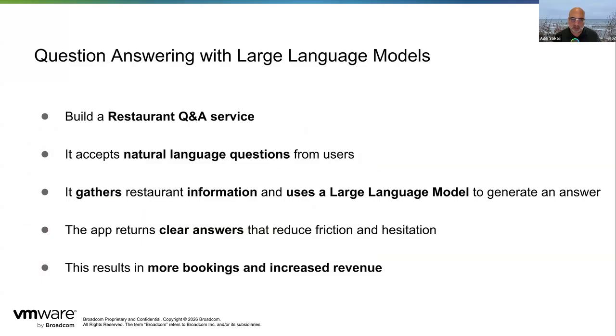This is where we can start introducing Gen AI. Maybe we build a restaurant Q&A service, which accepts natural language questions from users. Then we gather the information from our restaurant database and use an LLM to generate an answer. Now that we can give clear answers, we can reduce friction and hesitation, and that gives us more bookings and hopefully more revenue.